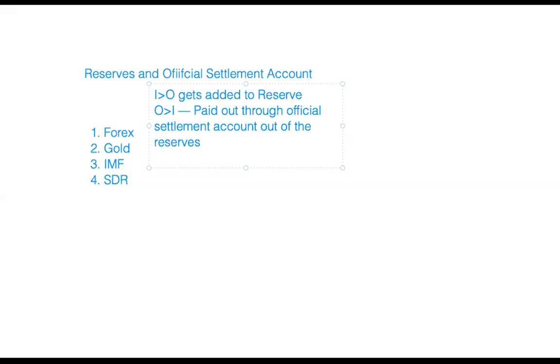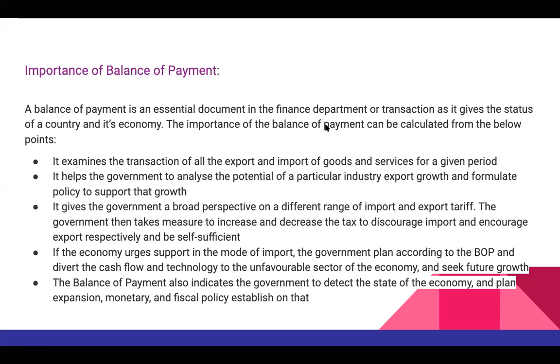Now going back to the earlier balance of payment statement. It is going to show in depth what transactions of all import and export of goods have taken place during the period. And it helps the government to analyze the potential of any particular industry, if it is exporting, if it is growing, and in formulating policy to support that.